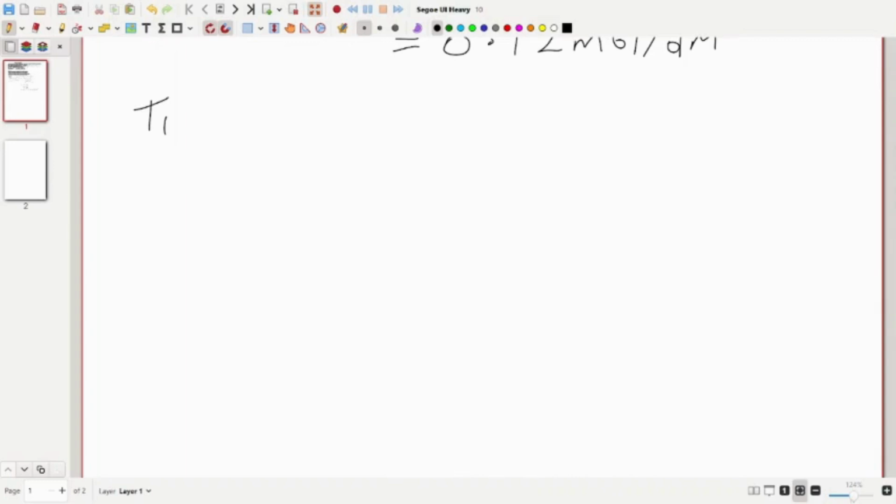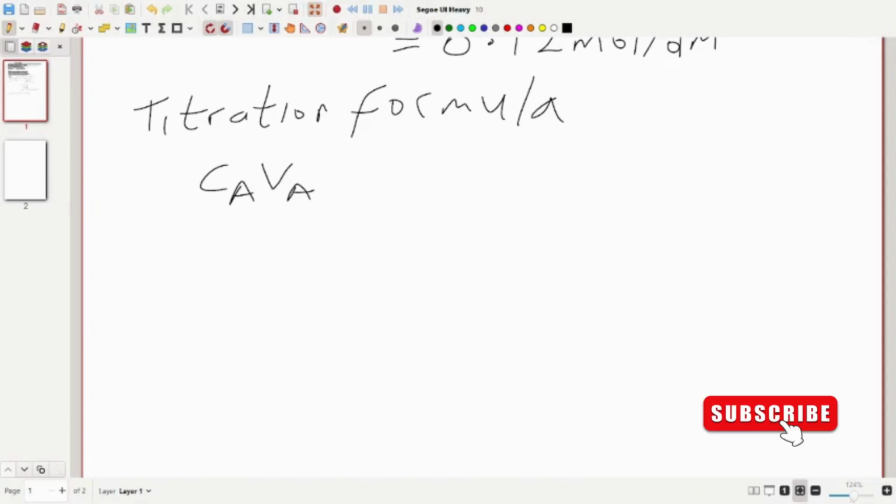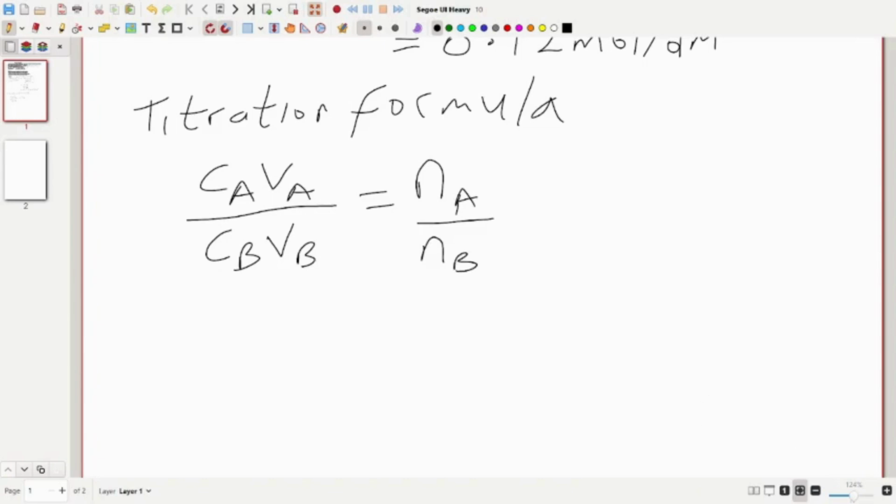The titration formula is given as CaVa over Cb Vb... precisely: Ca, the concentration of the acid, times Va, the volume of the acid used, over Cb, the concentration of the base, times Vb, the volume of base used, equals the number of moles of acid as used in the equation over the number of moles of base as used in the equation.